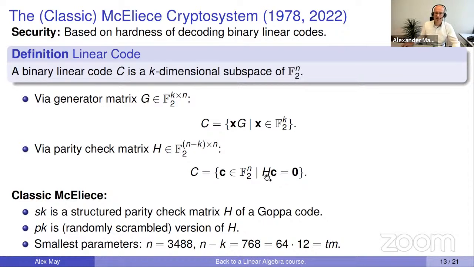So I define this code via H, and then the codewords are those linear combinations of columns of H such that the linear combination is 0.